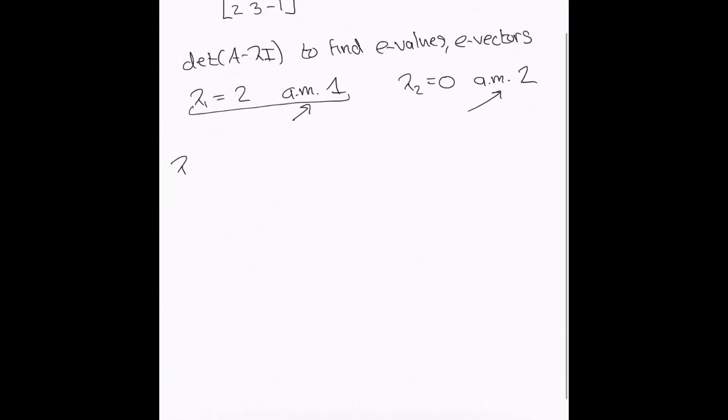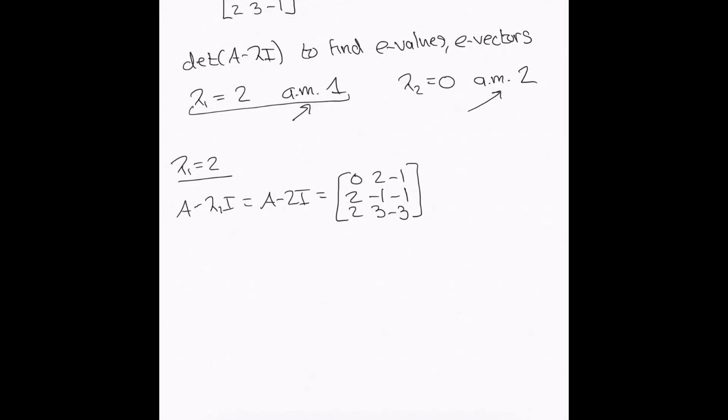So we take lambda 1 is 2, and we take A minus lambda 1 I, which is A minus 2 times the identity, and that gives me 0, 2, negative 1, 2, negative 1, negative 1, and 2, 3, negative 3.